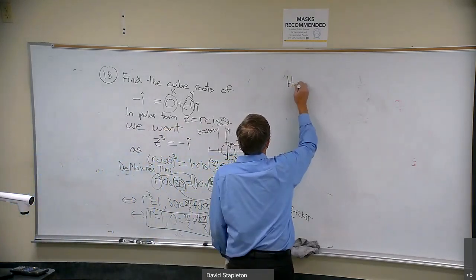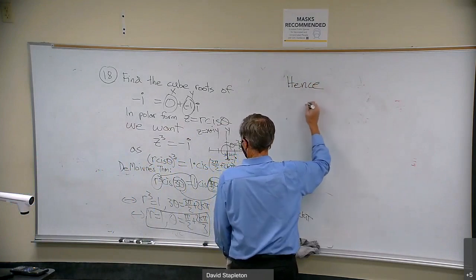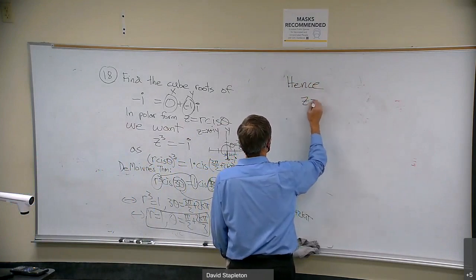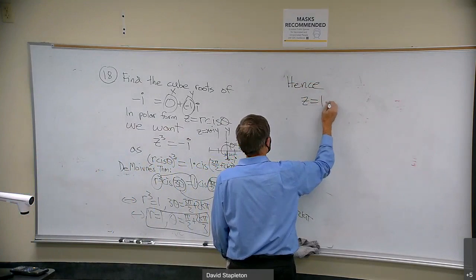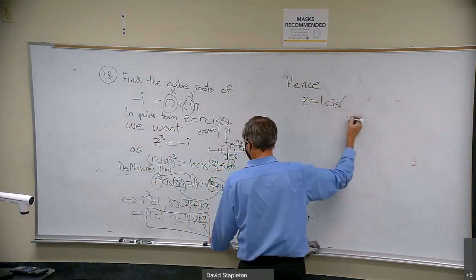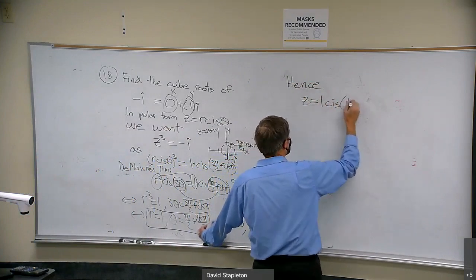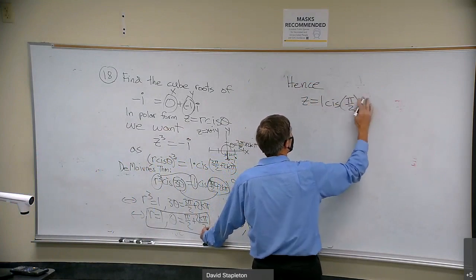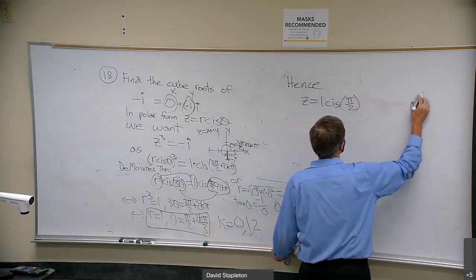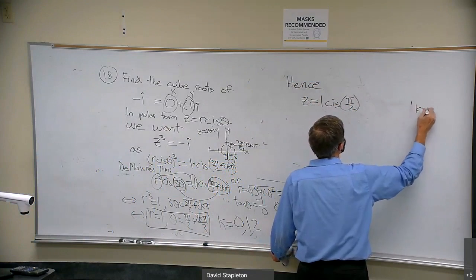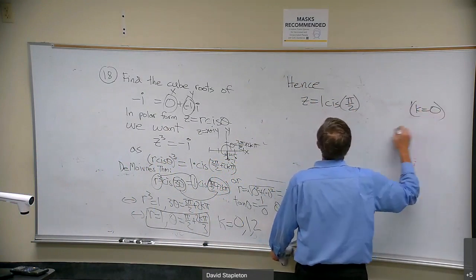Hence, the cube roots are z equals r times cosine plus i sine theta, with k equals 0 being pi over 2 plus 0. This is the k equals 0 solution.